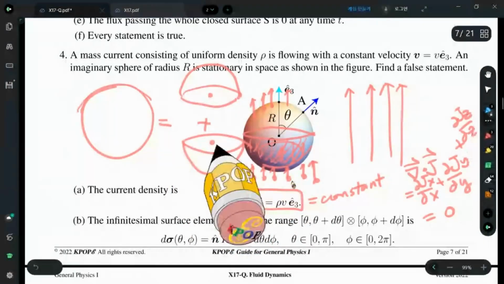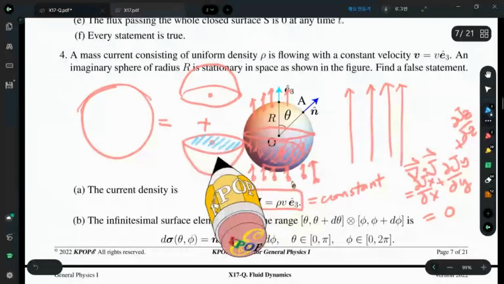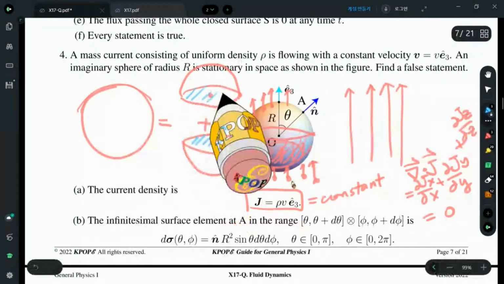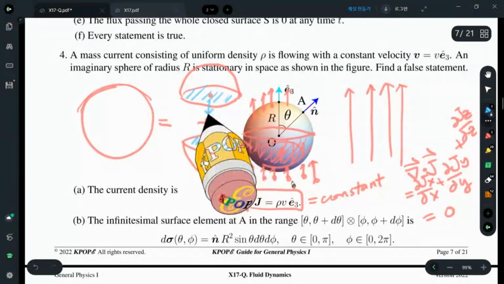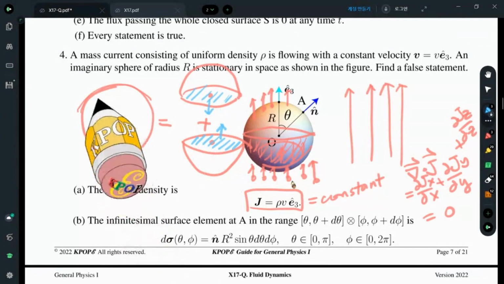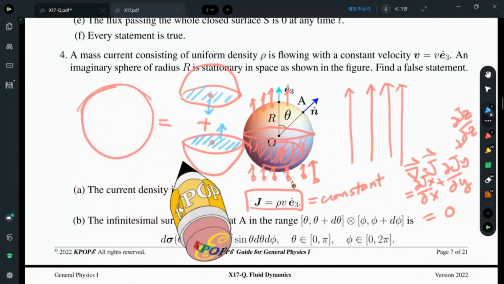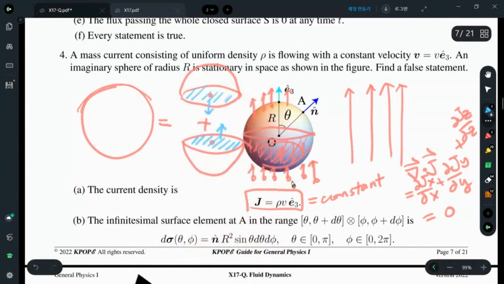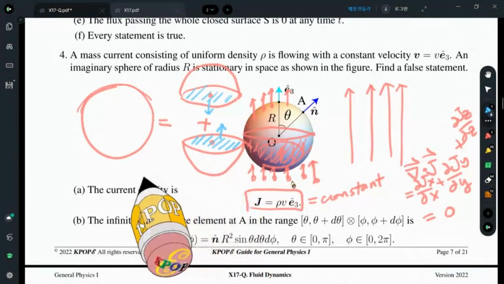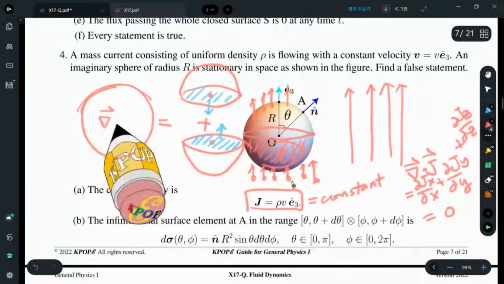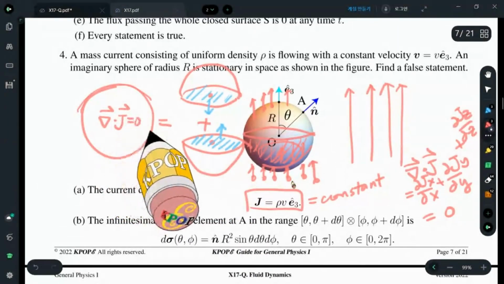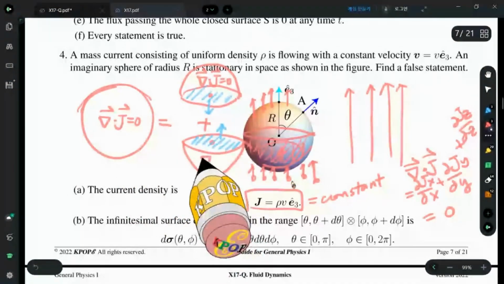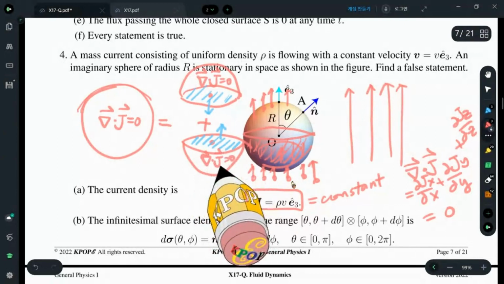I can add a flat surface that is a disk whose normal vector is this, and another disk whose normal vector is the opposite direction. So this single closed surface is a sum of two closed surfaces. In addition, I know divergence J is zero everywhere. Here, divergence J equals 0, and here too.